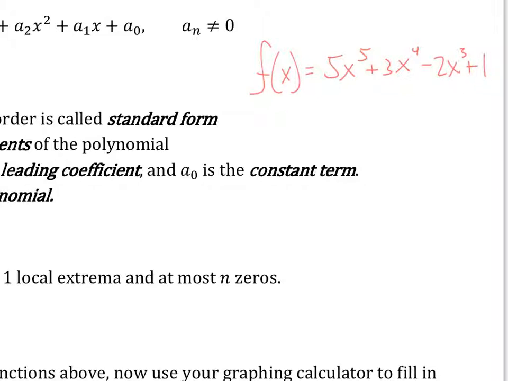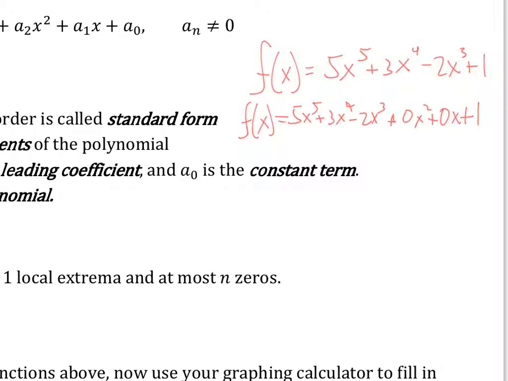I left those out, but they're really there with coefficients of 0. So f of x equals 5x to the 5th plus 3x to the 4th minus 2x cubed plus 0x squared plus 0x. That would be the same thing.